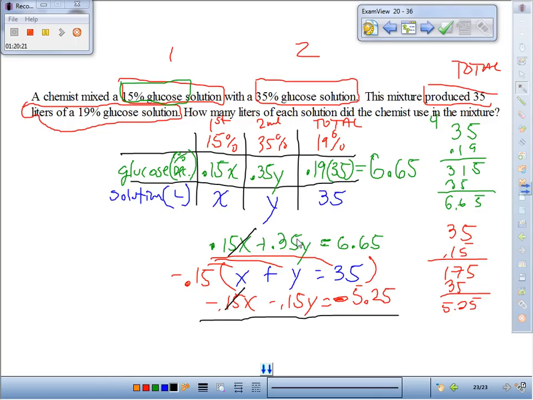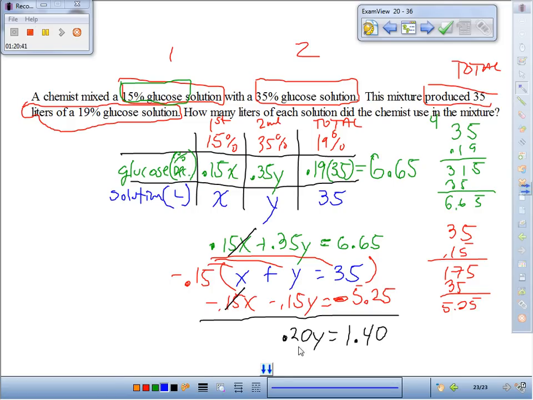This cancels this. What is 0.35 minus 0.15? 0.20y equals 6.65 take away 5.25. We're left with 1.40.